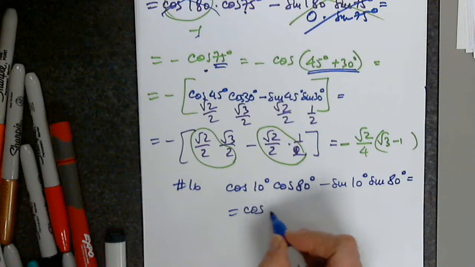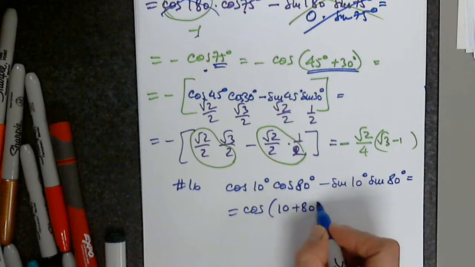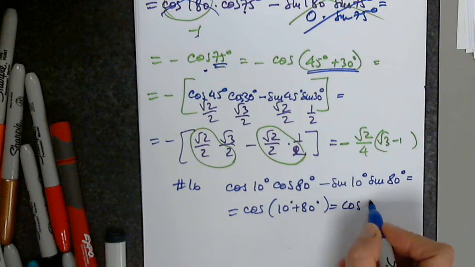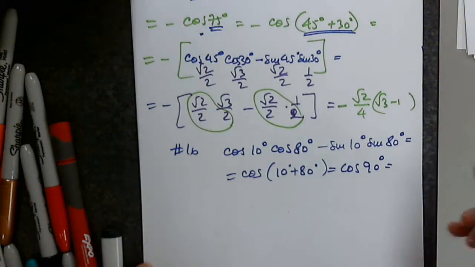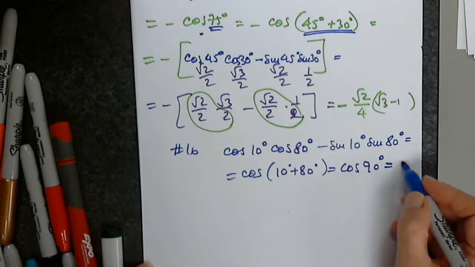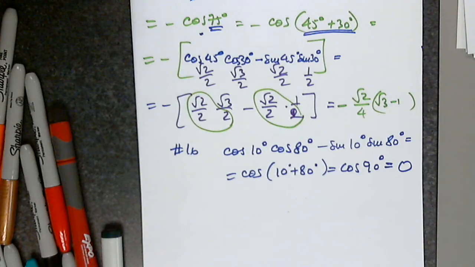Exactly. It's cosine 10 plus 80, which is cosine 90. Perfect.